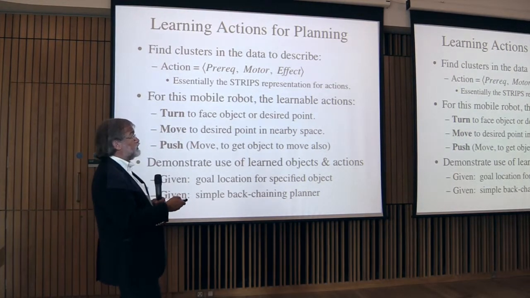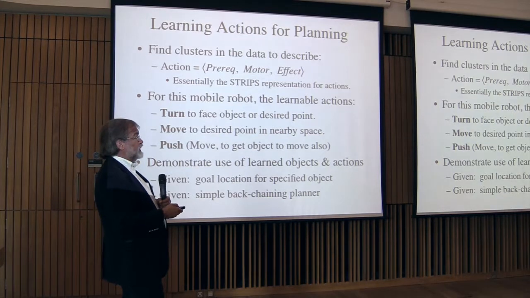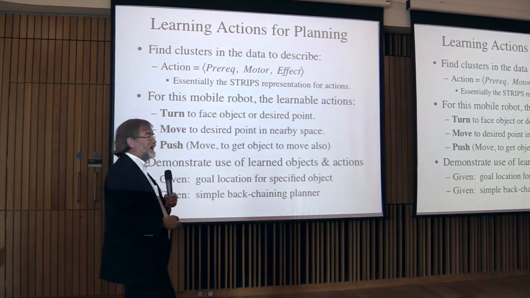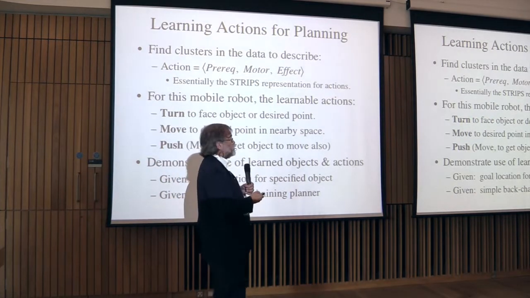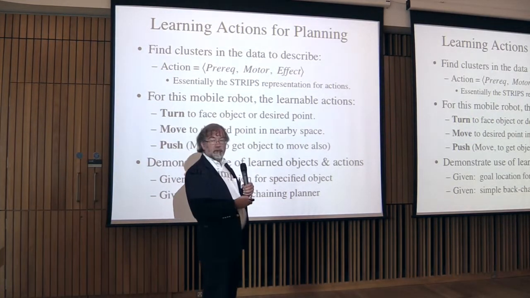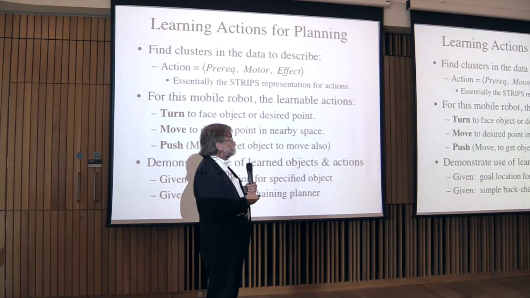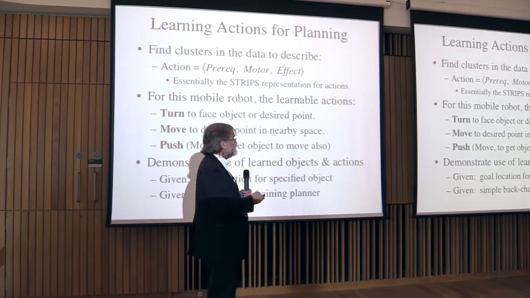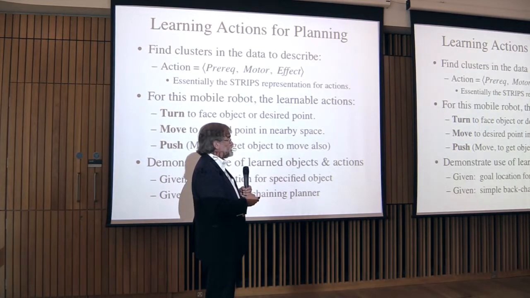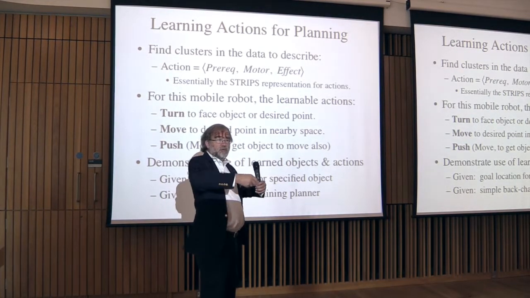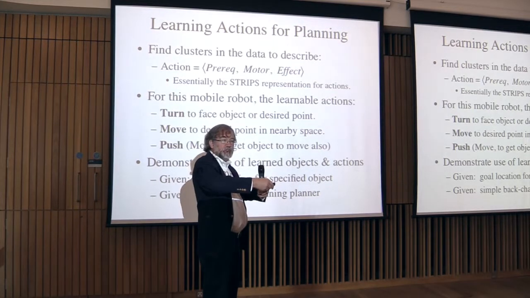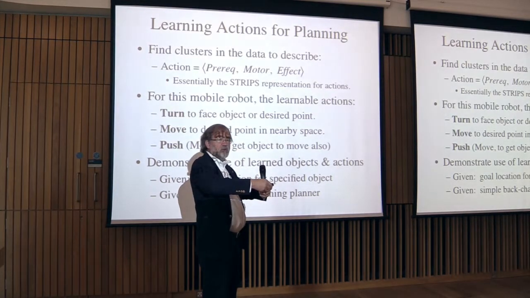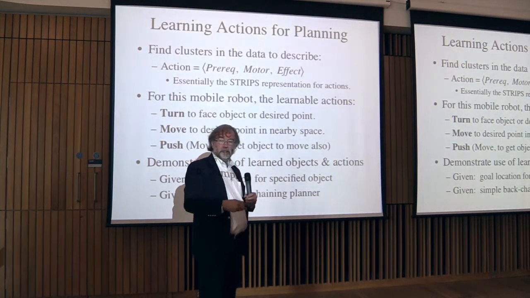Now for our mobile robot, Lassie, there really are only 3 learnable actions. One of them is to turn, to face something. Another is to move. The robot can move itself within the environment. And another is to push. When it's adjacent to an object right in front and the robot moves, then the object moves.